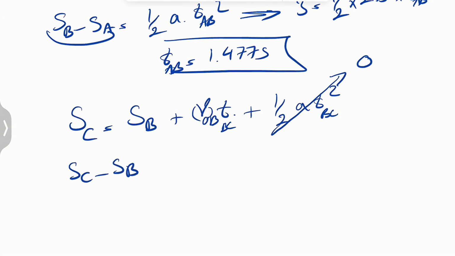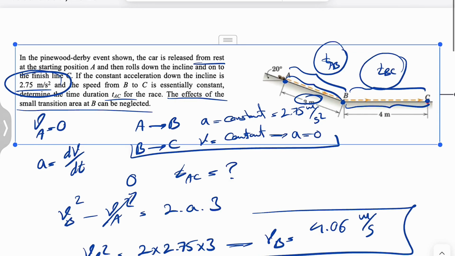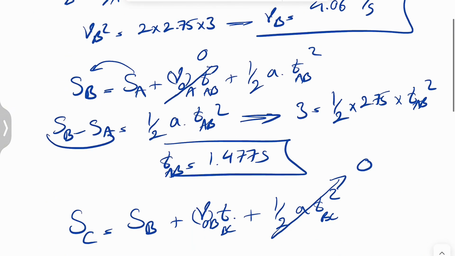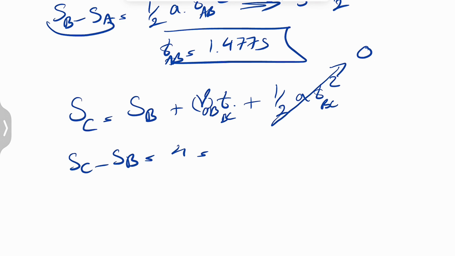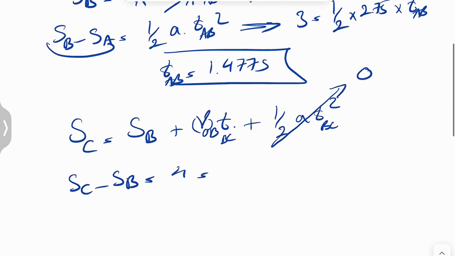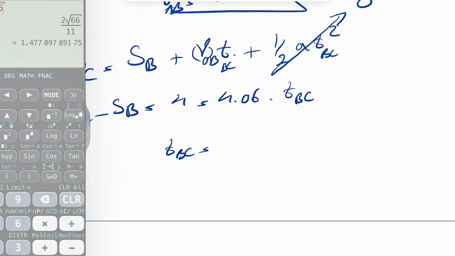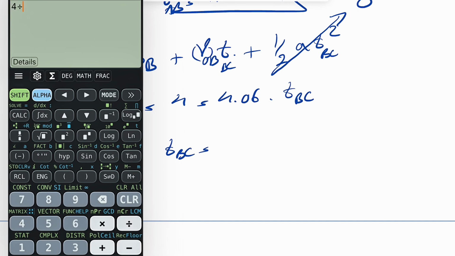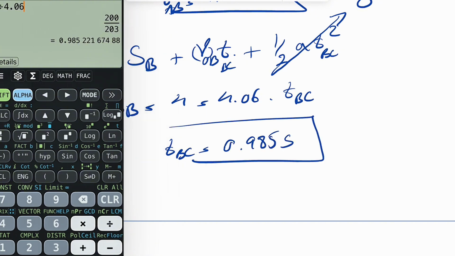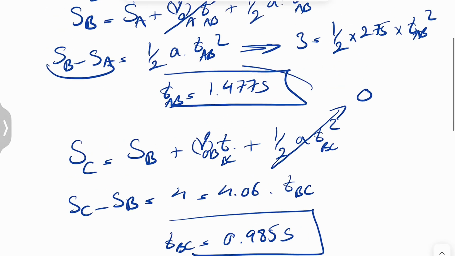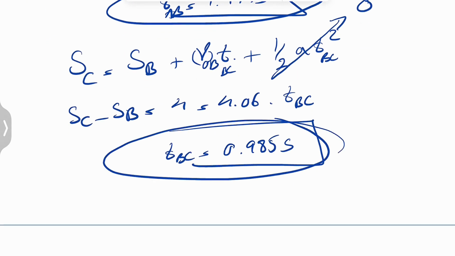SC minus SB is the distance that we have here, 4 meters, and it is equal to the velocity we found in the previous section, 4.06, times TBC. So TBC will be 4 divided by 4.06, or 0.985 seconds.